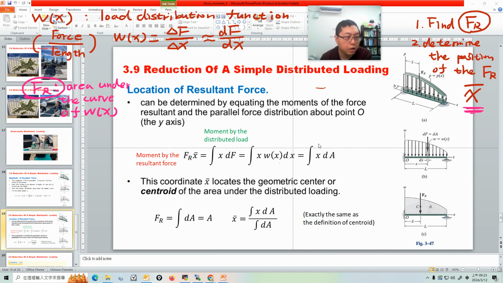Location of the resultant force. We use the moment balance. This is before simplification, and this is after simplification.